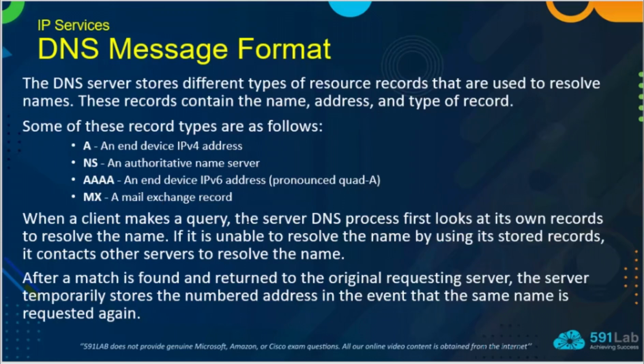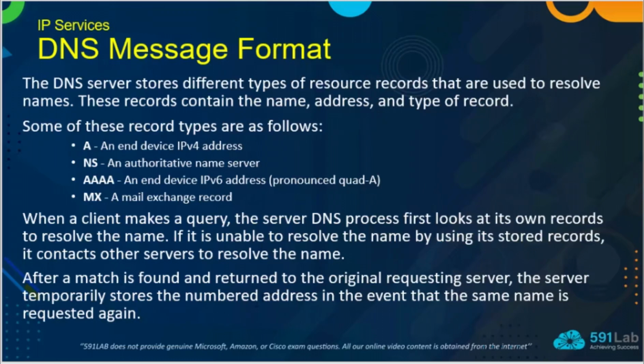So your client makes a query, and the DNS server first looks at its own records to resolve the name. If it's unable to resolve the name using its stored records, it contacts another server to resolve it.